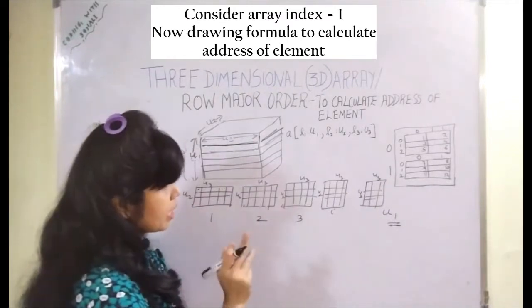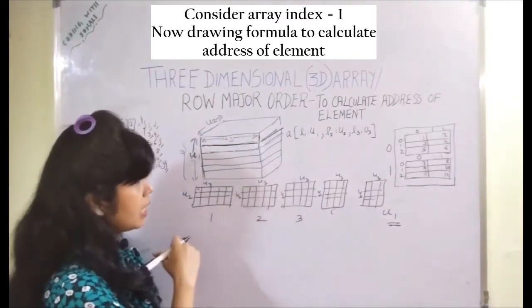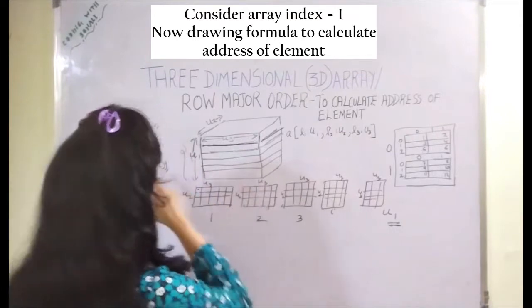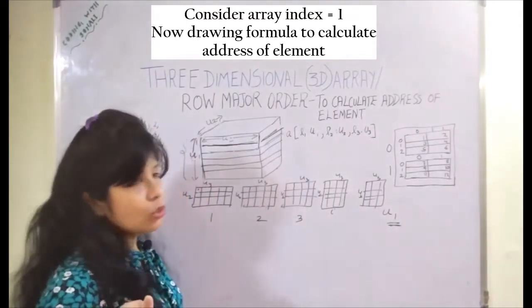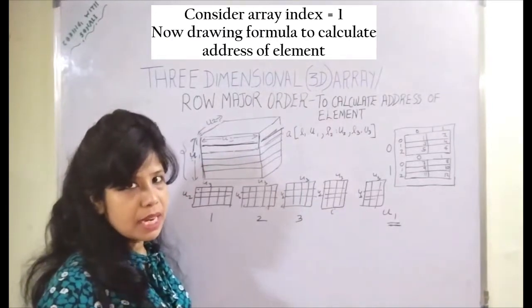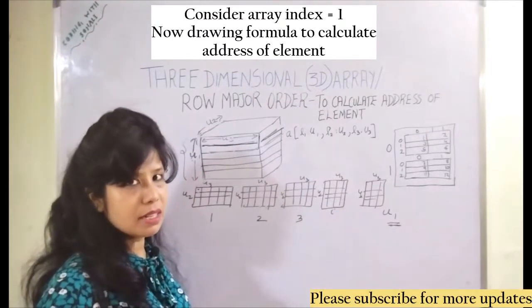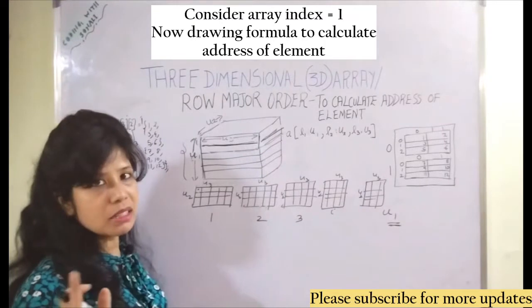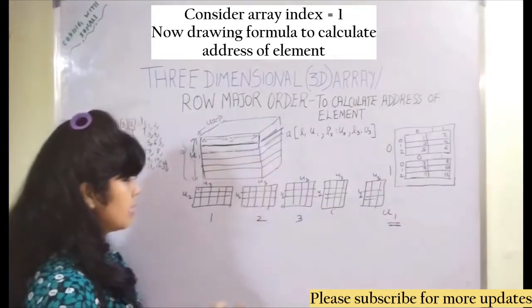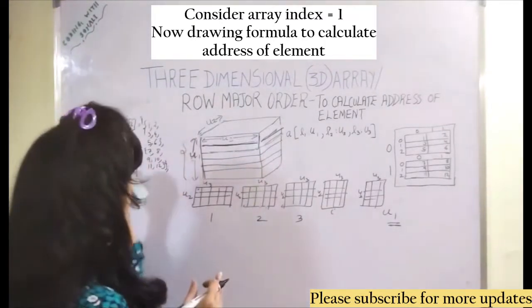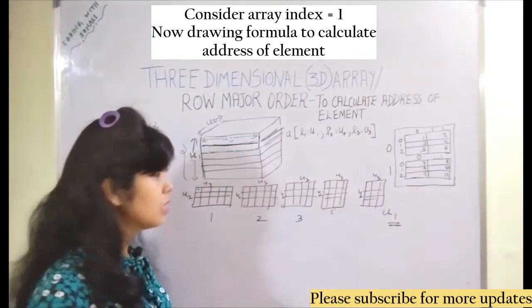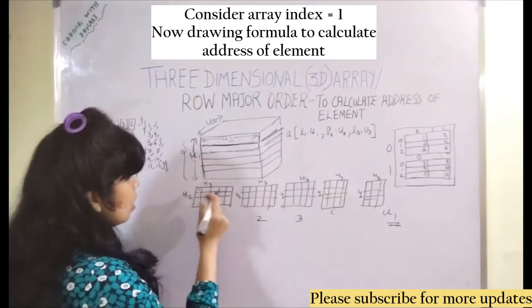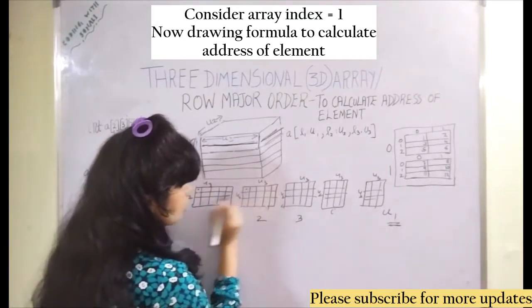Since we have to find the address of any element in your 3D array, how do we get the base address? Simply by giving the name A, we get the base address, which represents the address of the first element. So A will give us the base address. Now how do we get the address of this element?